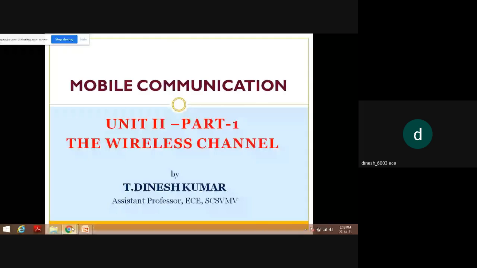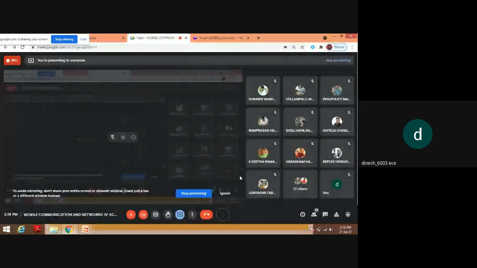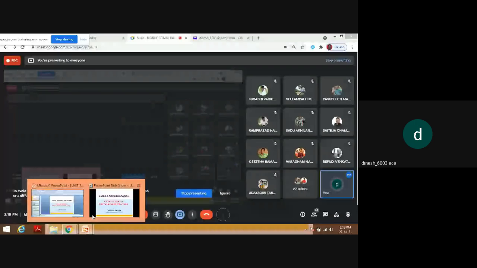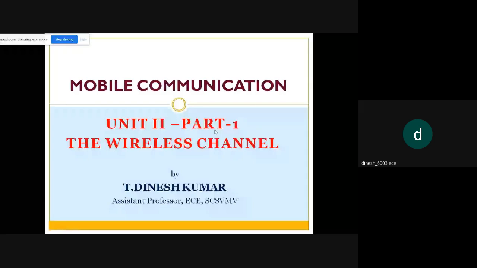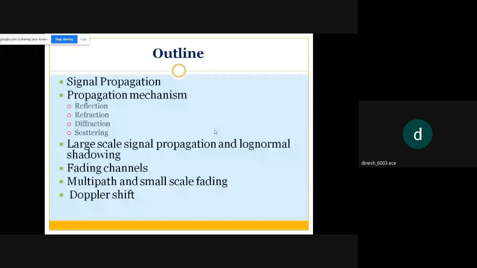Okay, I will start. Unit wireless channels. In the last class we had seen the signal propagation mechanisms: reflection, refraction and scattering.